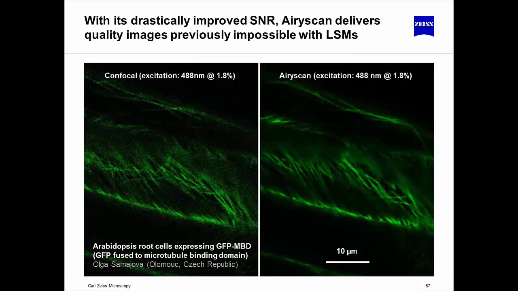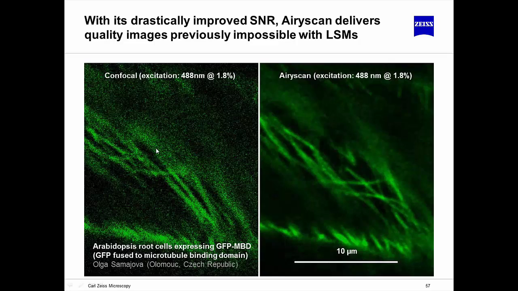And all of this, as I said, you can do with typical imaging techniques. In this case, we're looking at GFP expressed in Arabidopsis root. Here you have a single image taken on the left, and a single image taken on the right with the Airyscan, and you see the increase in signal to noise.